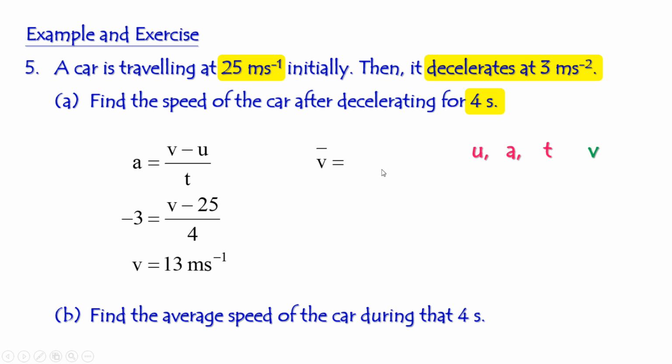You use the initial value plus the final value and then divide by 2, then it will be the average value. Then you put the numbers into the equation and divide by 2, and the average value will be equal to 19, with the same unit, meter per second.